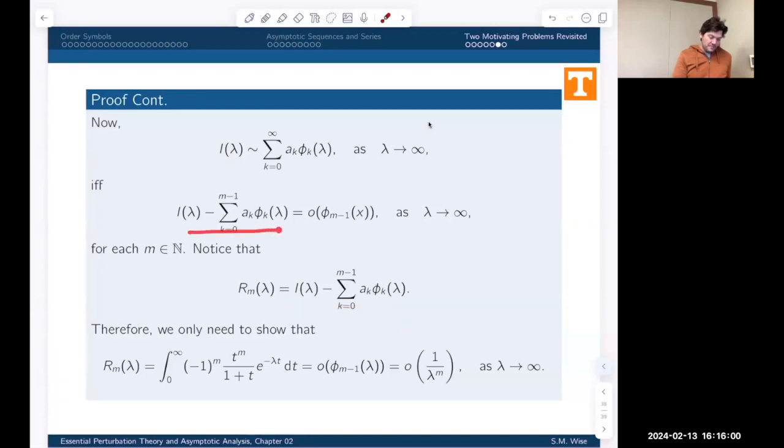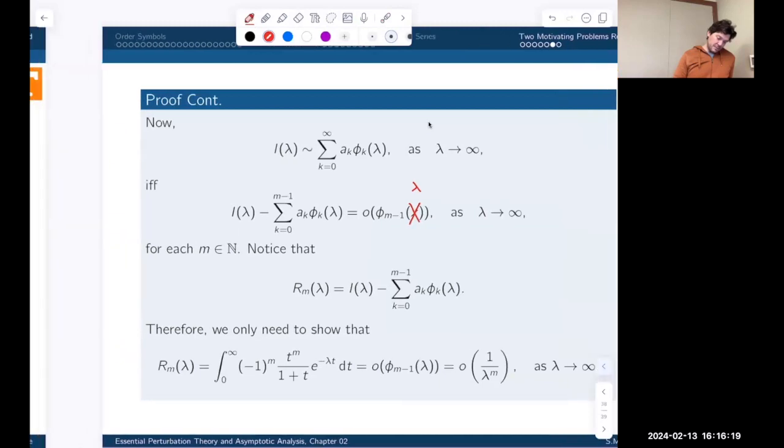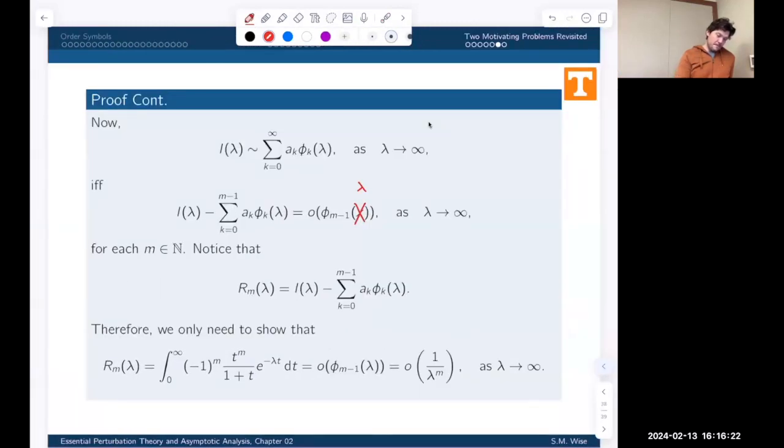So we can conclude our result if we can show that R m of lambda is little o of, let's see, this should be lambda, right? Yeah. So this is just going to be R m of lambda. We need to just show that this is little o of phi m minus 1 of lambda as lambda goes to infinity, and that will satisfy the definition for us.